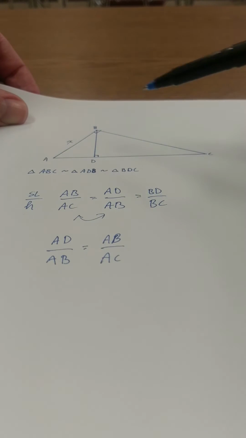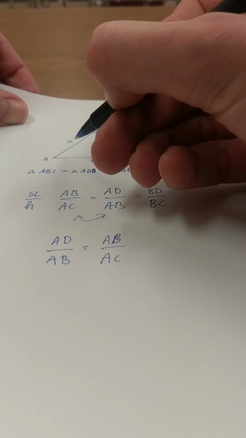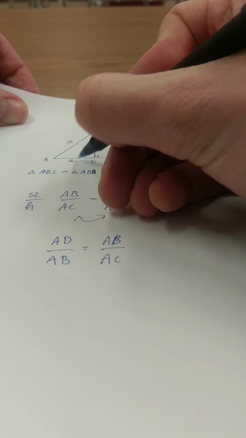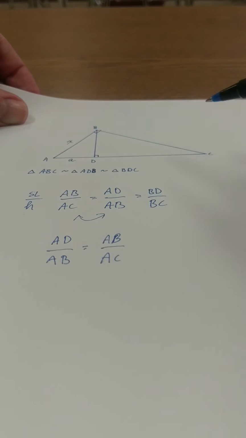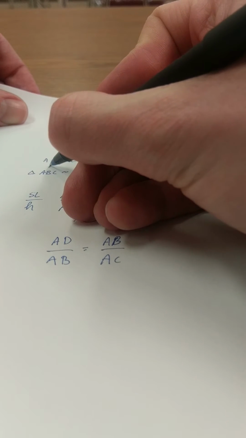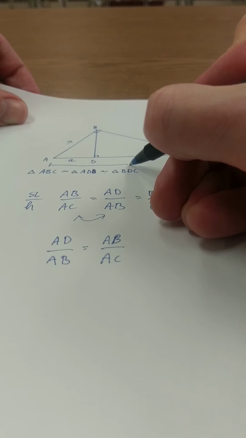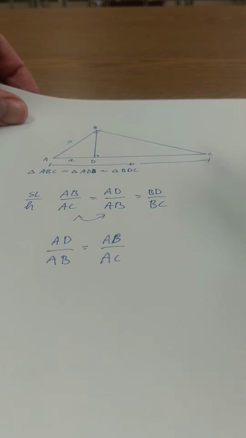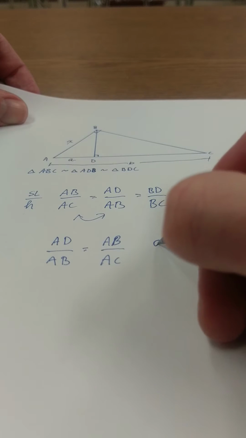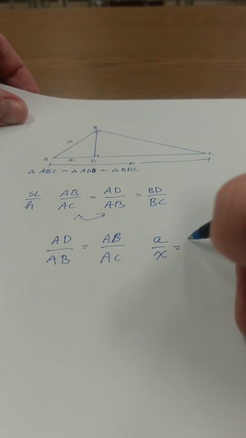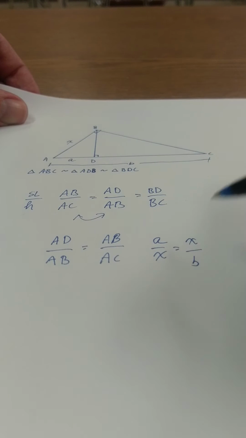I'm talking about the entire triangle here. So I can call this part here A. And then AC is the entire hypotenuse of the whole triangle, so this whole distance here is B. And that way I can make this look like my traditional geometric mean setup, so that A to X is equal to X to B.